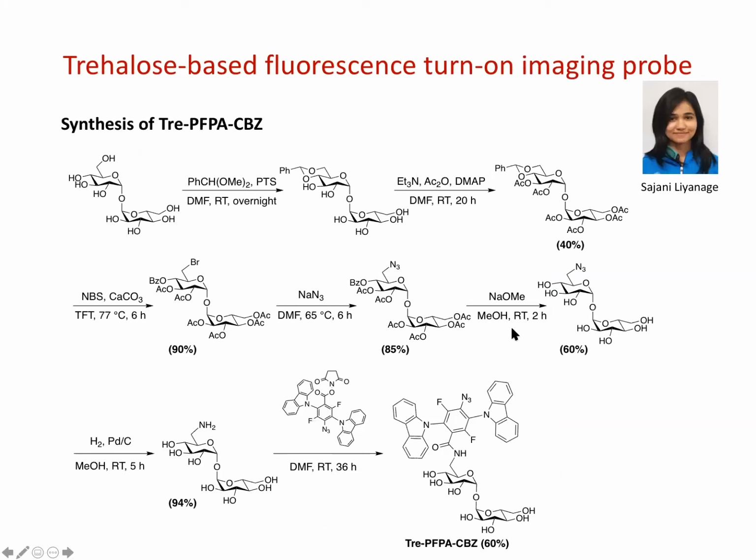Again, very straightforward chemistry, several steps to install an amine group on the trehalose. We didn't make this complicated, just a proof of concept, and then conjugated it onto the carbazole derivative through the NHS ester to give us the trehalose-derivatized carbazole azide probe.